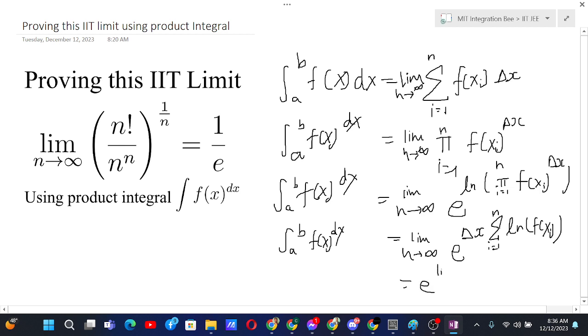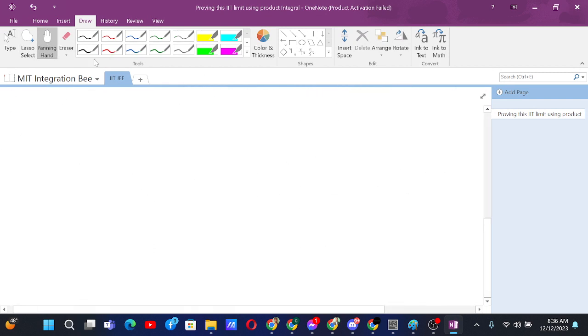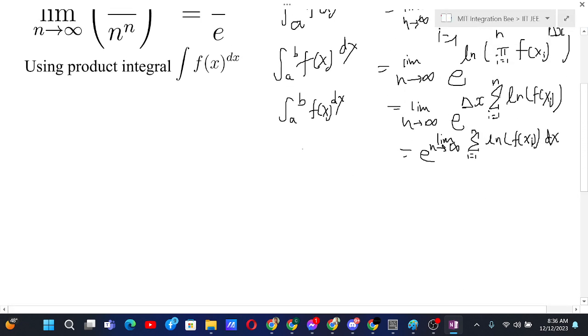That gives us the limit as n tends to infinity of the sum from i equals 1 to n of ln of f of xi times dx. Now this is the product integral from a to b of f of x.